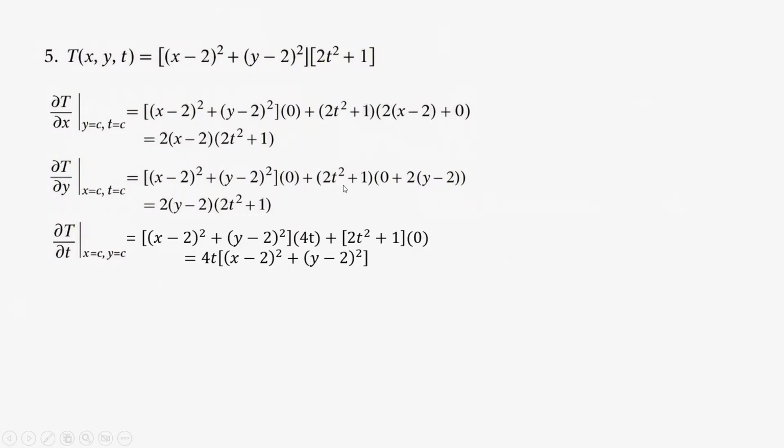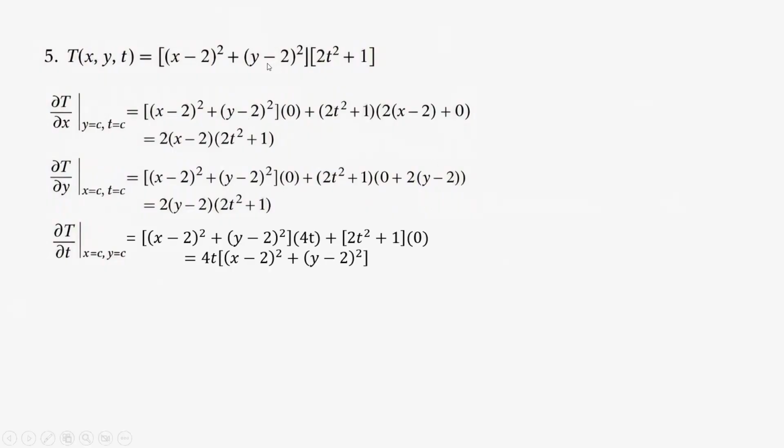And for v, ∂T/∂t, we will keep x and y constant, where we will keep u, which is (x − 2)^2 + (y − 2)^2, as constant, and there is t in it, so we will have to differentiate. It will not become 0. So 2t^2 will become 4t, and plus 1, the differentiation of 1 is 0.